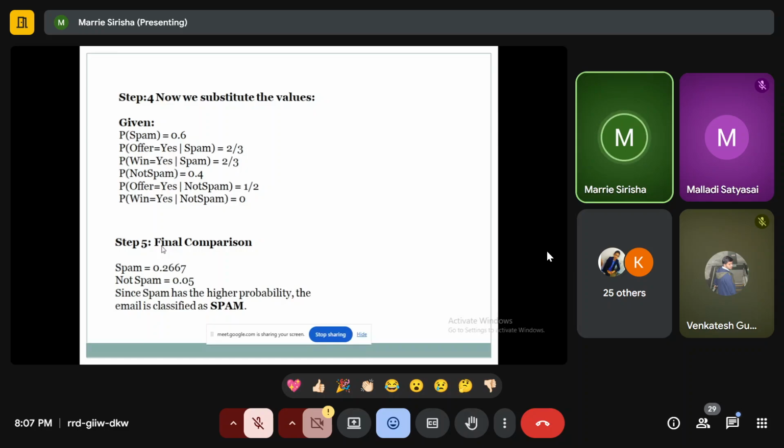Okay, this is how it works. This is a simple example. Are you able to understand? Can I get any response? Yes.